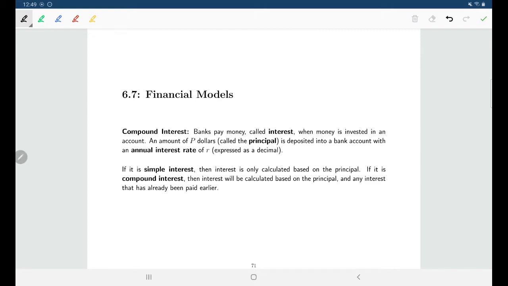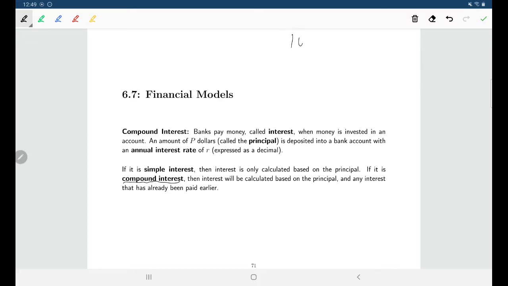Now, the other kind of interest that we're interested in is compound interest, and that's where the bank is not just paying interest on the principal, but they're also paying interest on any of the amounts that we'd deposited previously and any interest amounts we've received previously.